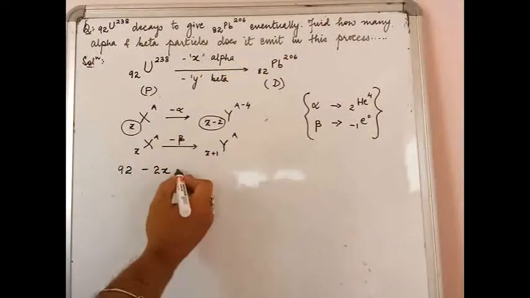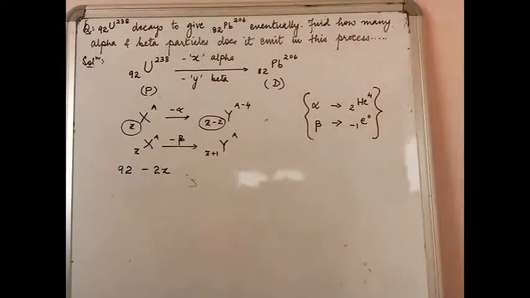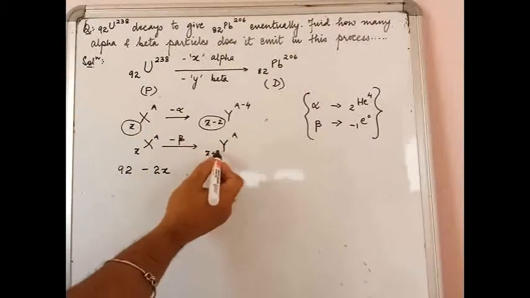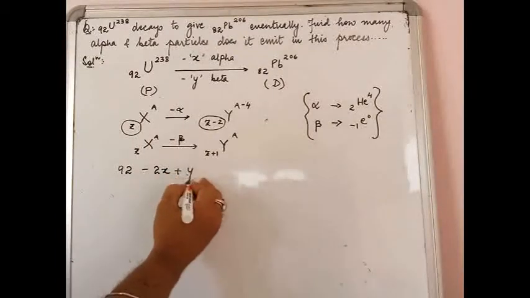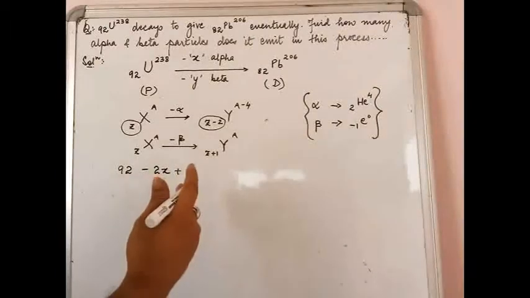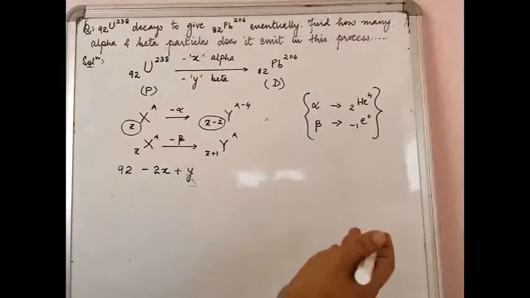Okay, now how many beta came out? y beta came out. If one beta comes out, the atomic number increases by 1. So if y beta come out, the atomic number will increase by y. One beta means an increase of 1 in the atomic number. So y number of beta means an increase of y.